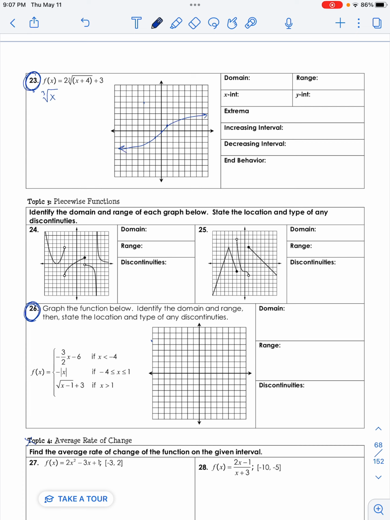So there's the parent function. Now, all we're going to do with this function is move it to the left 4 and up 3. That means the new vertex goes from 0, 0 to -4, 3. And then I'm going to vertically stretch it by a factor of 2.